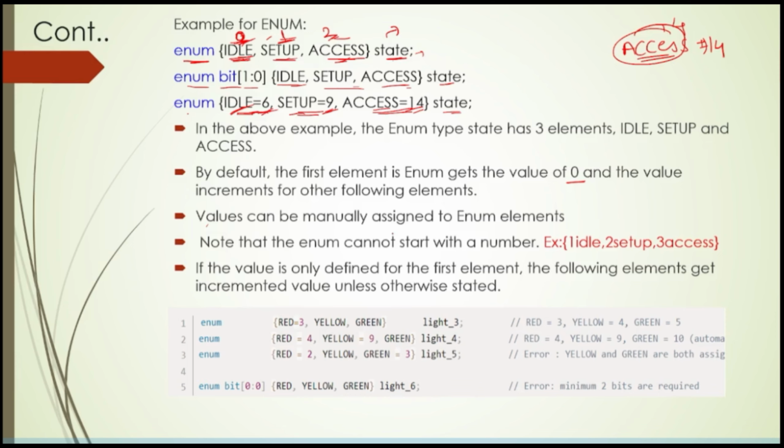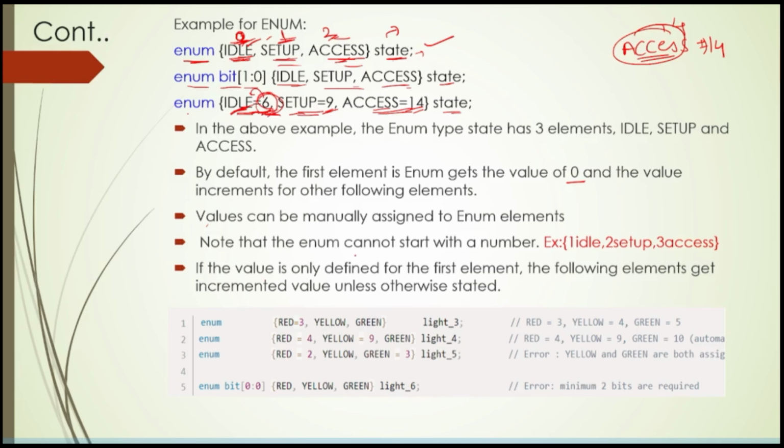Values can be manual. If you don't add any values, they will automatically increase from 0. But if you want, you can assign the values yourself. Here idle holds the value 6 and not 0, because you have deliberately assigned it 6. Got my point?